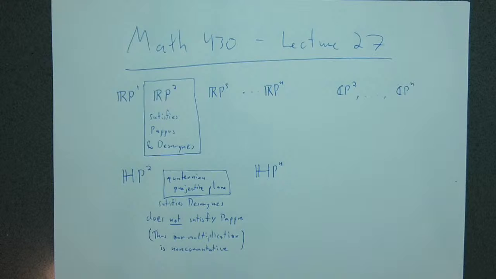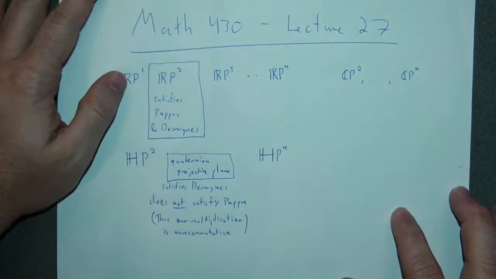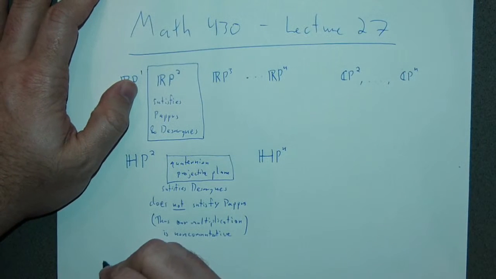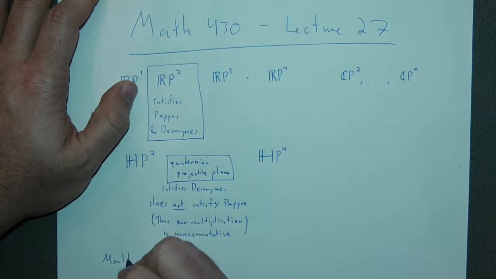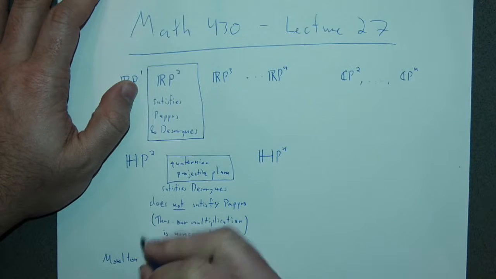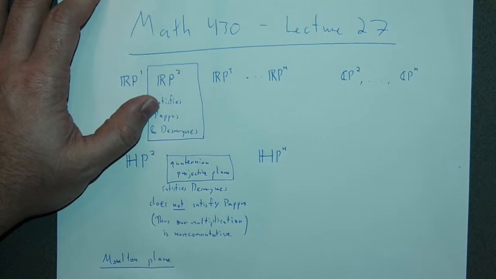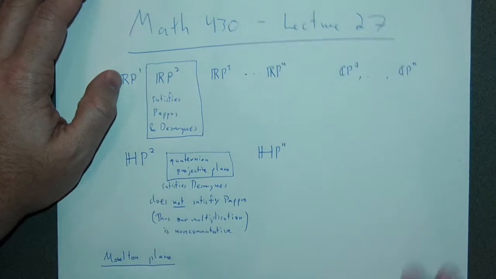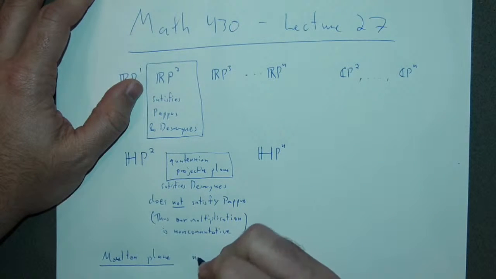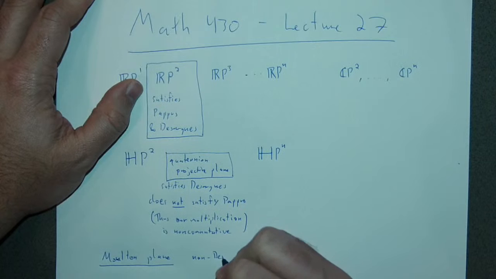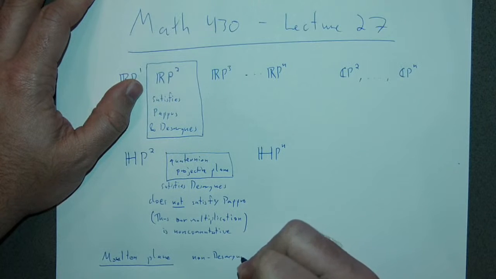So the next thing, as part of your homework, you had to deal with the Moulton plane, which I don't have notation for, but the Moulton plane is a projective plane that is non-Desarguesian.